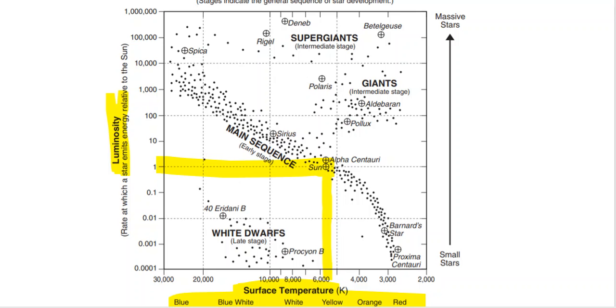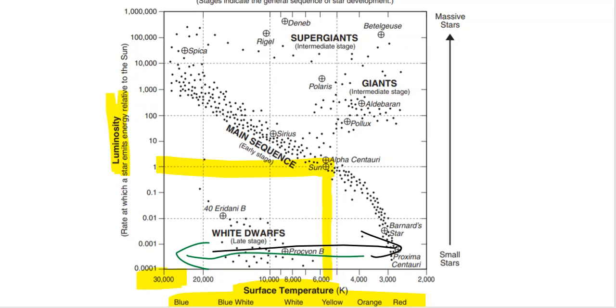Now you'll notice that things get more red as they go this way, but we figured out after making this diagram a long time ago that it's actually opposite, that the things to the left are hotter, so the temperature scale goes the other way. You'll notice that your highest temperature here, 30,000, is on the left side instead of increasing the way a normal graph does.